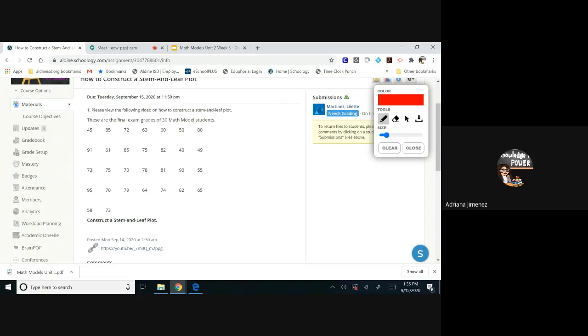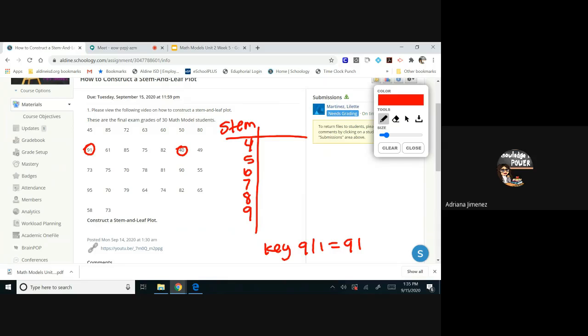The smallest is 40. The largest is, I think, 90. So when we draw the stem and the leaf, remember this is the stem, we're going from 40, 50, 60, 70, 80, 90. And we can say key 9 | 1 equals 91.